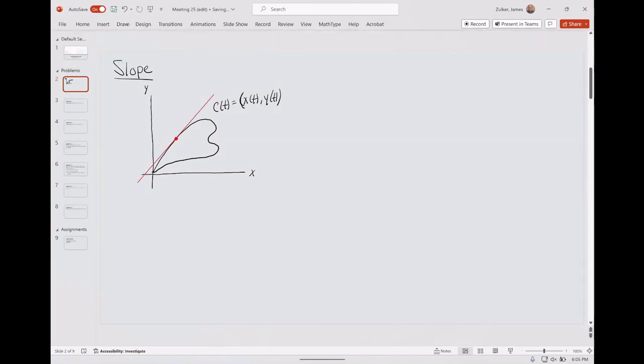Say we want the slope at that point. We call it x naught, y naught. Well, we know what the slope would be.